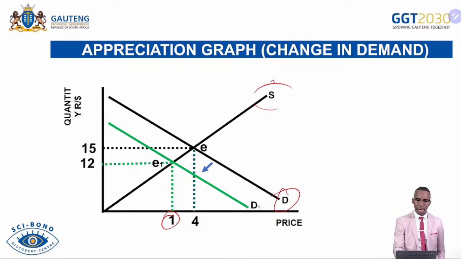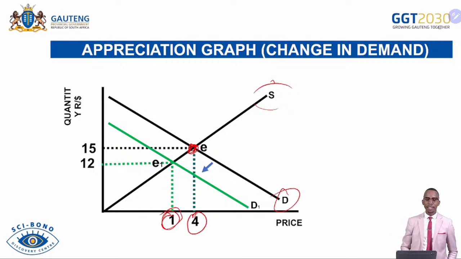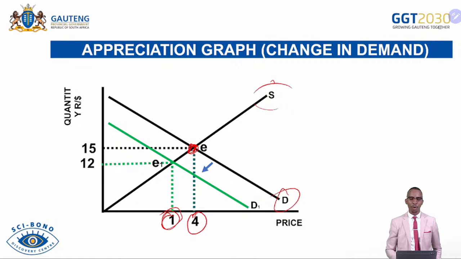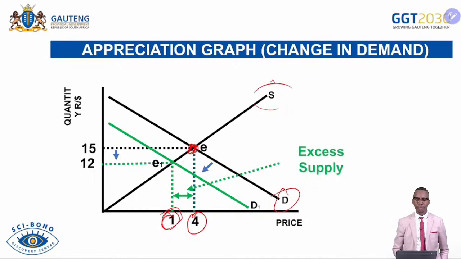You can see the supply remains at equilibrium. We are supplying 4 of our rands, but they are demanding only 1. So what is that supposed to mean? That means our rand is gaining strength because it is being oversupplied in the market. There you see the excess supply of rands.